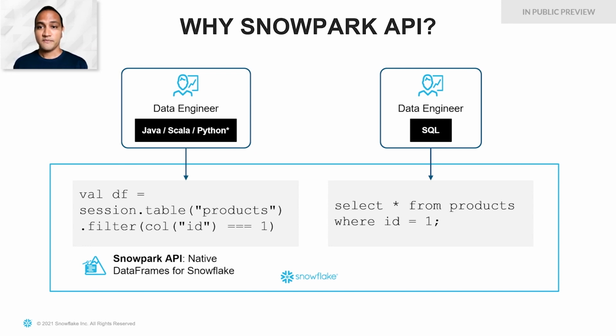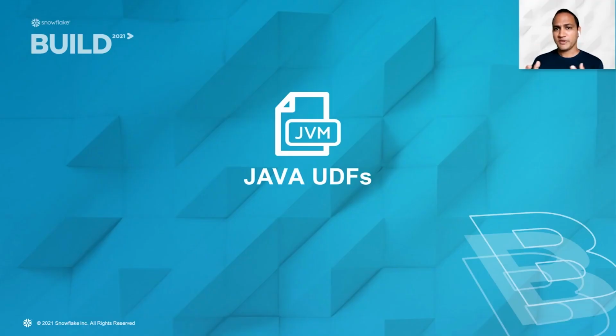This way, you can make your transformations easy and deploy the code close to Snowflake. This is all about transforming data, right? So we want to write some code that can be deployed close to the data.